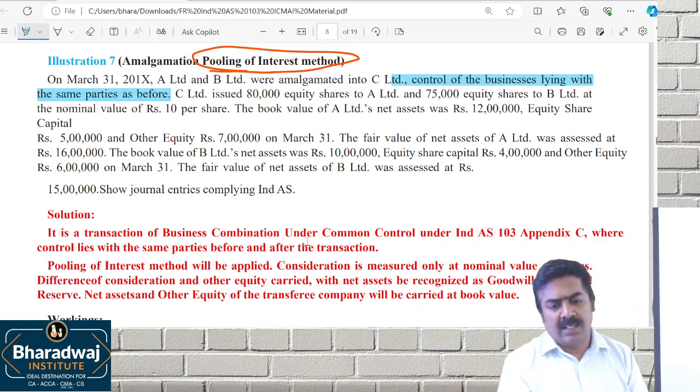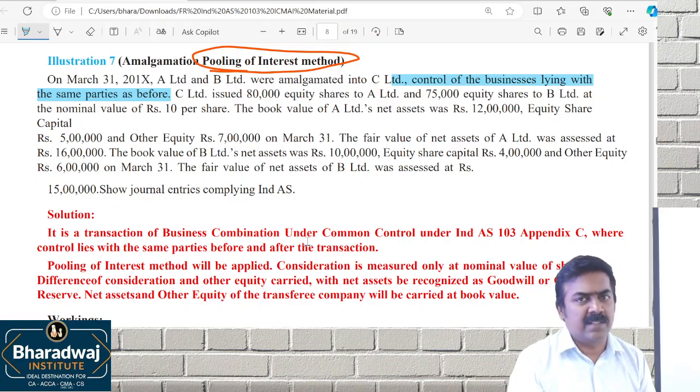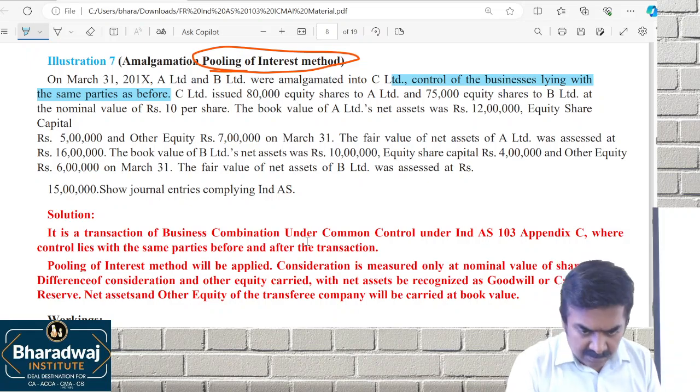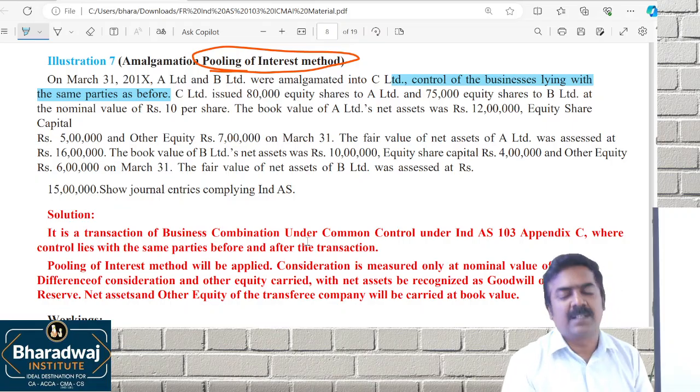Next point. Transferees. What do you mean by transferees? Selling company or purchasing company? Transferee is the purchasing company. Transferee's reserves and surplus are merged with the transferor's reserves and surplus.